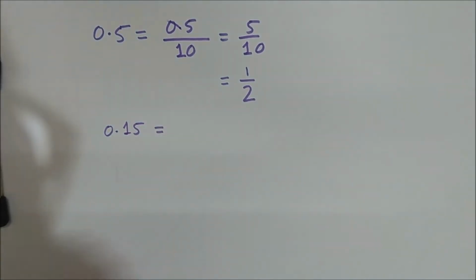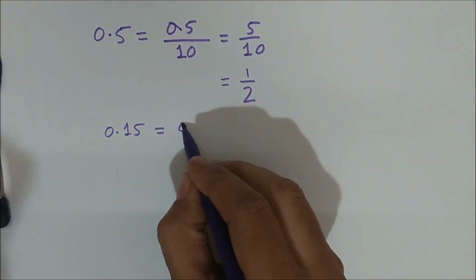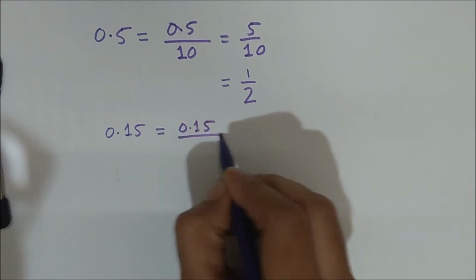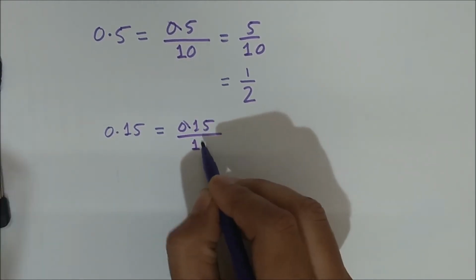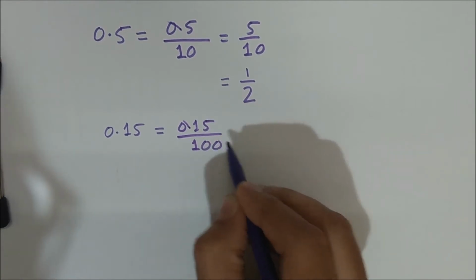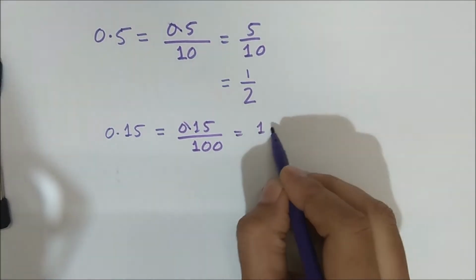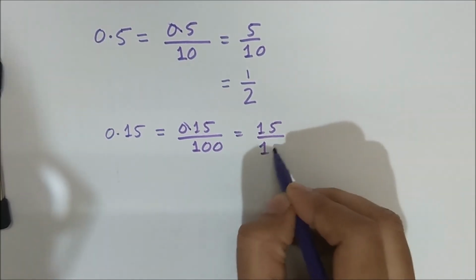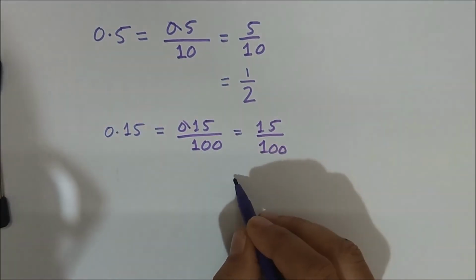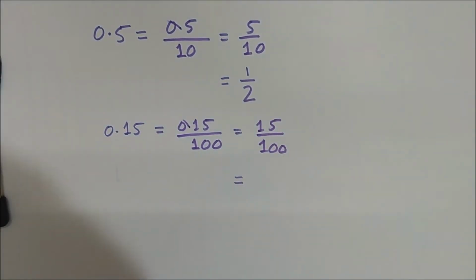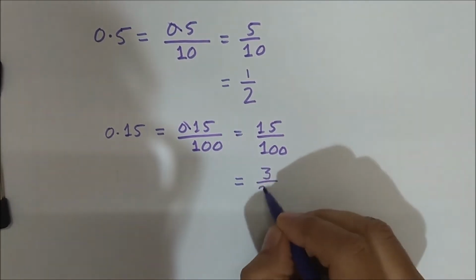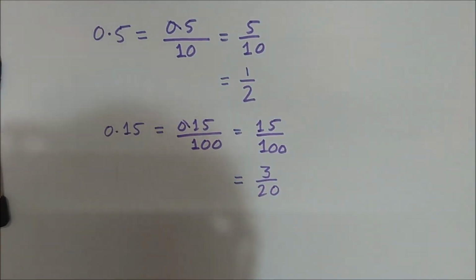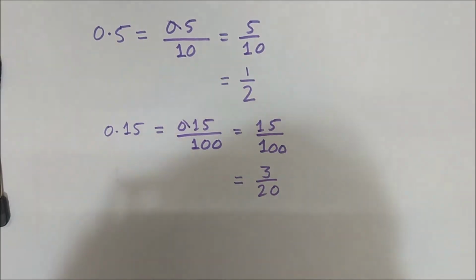This can be written equal to 0.15 divided by 1, we remove the point, after the point there are 2 places, we put 2 zeros, it becomes 15 divided by 100. Again we can simplify it to 3 by 20 by dividing both numerator and denominator by 5.